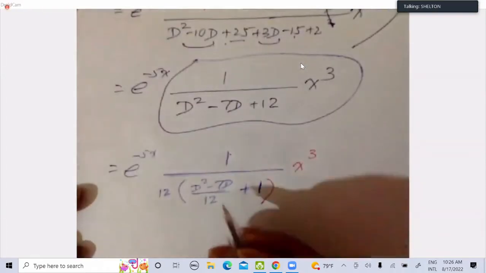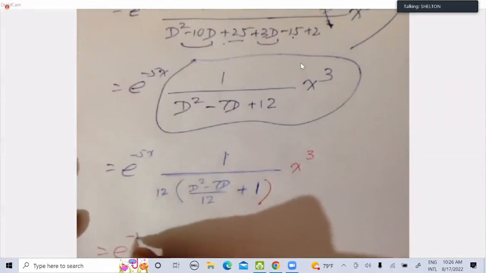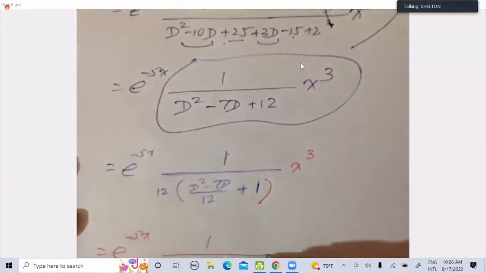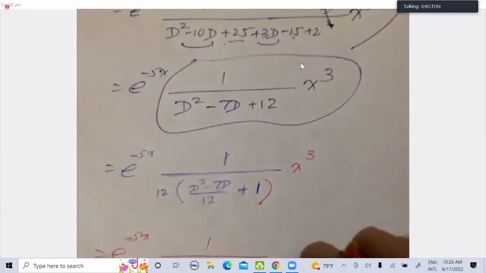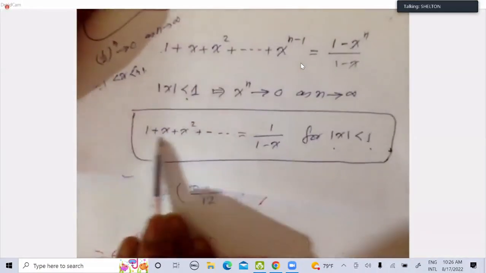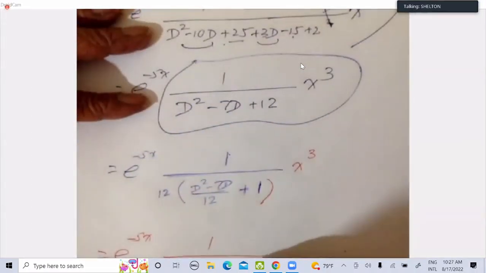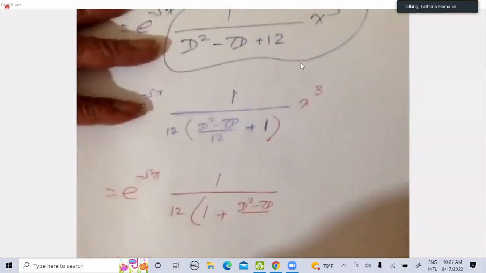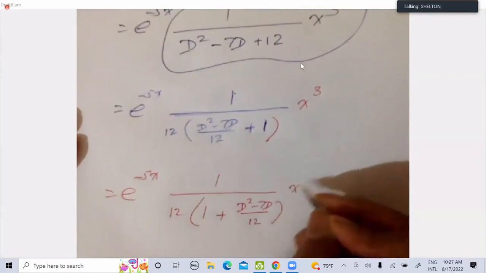Now it is like 1 plus x, 1 minus x. So e to the minus 5x times 1 over 1 minus x formula, here with x being d squared minus 7d over 12, acting on x cubed.